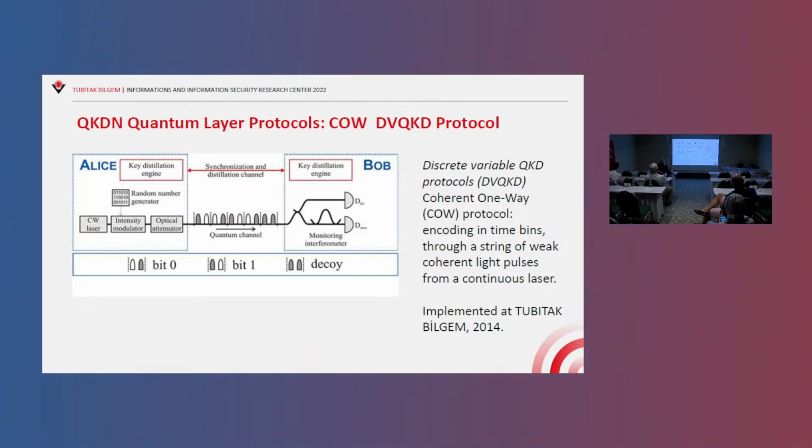The source is an attenuated laser source, so that you make sure the photons are transmitted individually. It encodes the information on the time bins, so 0 and 1 bits are encoded in this way. Again, you have a quantum channel and a classical channel.